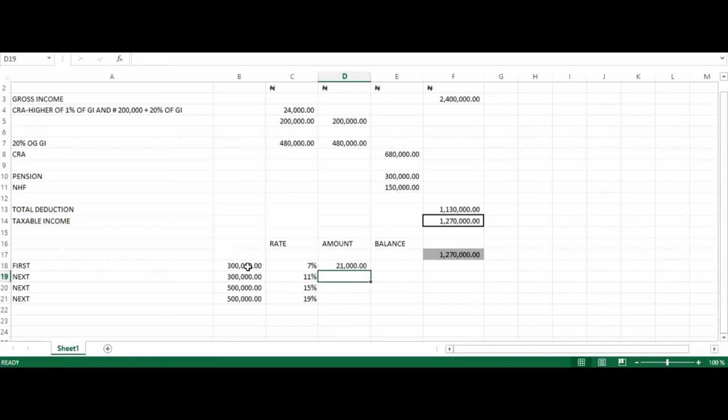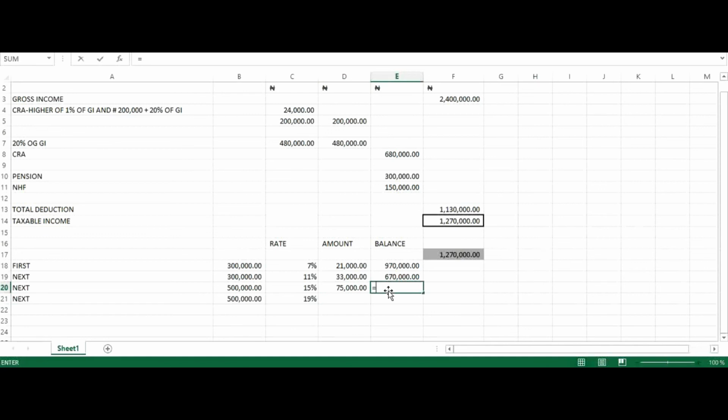When you take this 300,000 from this 1,270,000, let's know what we have left. So we still have 970,000. This means that the next 300,000, which is at the rate of 11%, can still go and would have some balance left. So this is the balance we have. So I have 670,000 left.